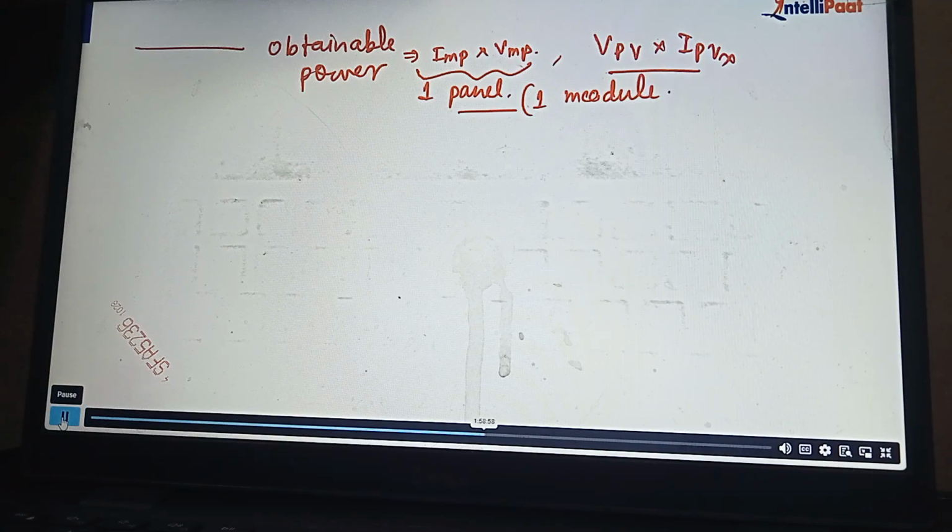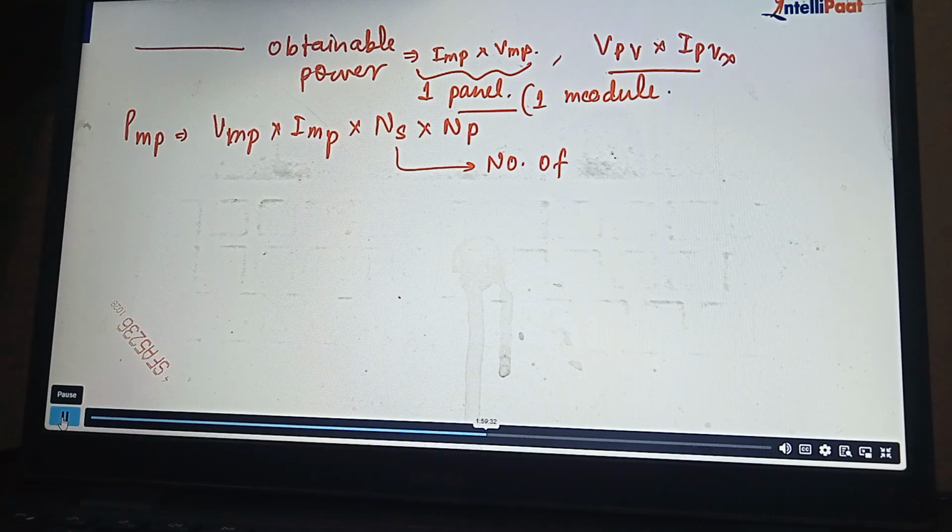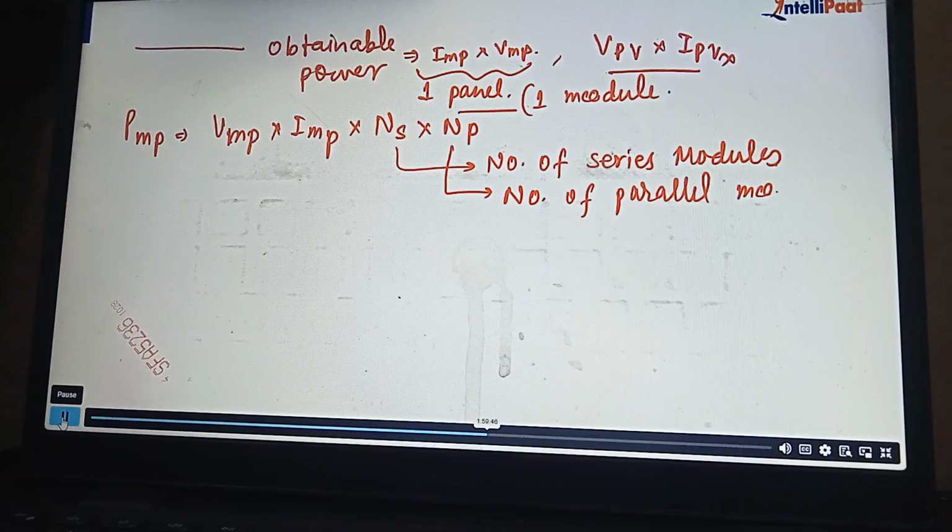Now, if I have various modules connected in series, how do I define the open circuit voltage and short circuit current? PMP generally we present as VMP multiplied by IMP, and then we have to multiply by the number of series modules and the number of parallel modules.